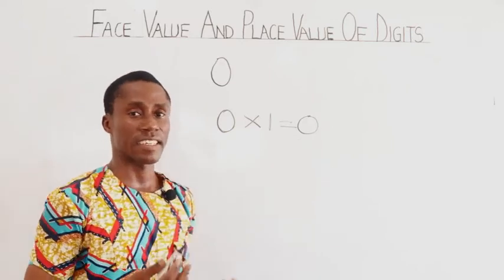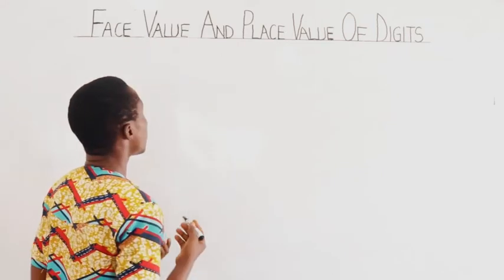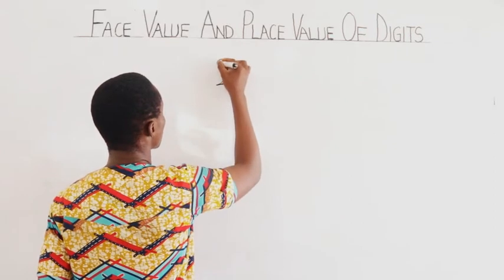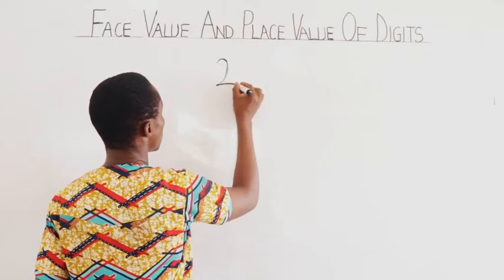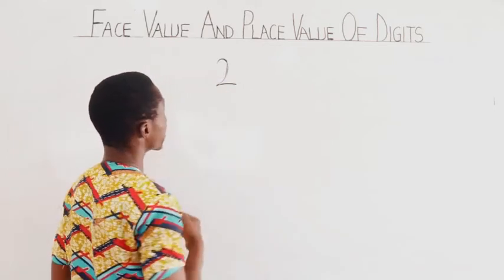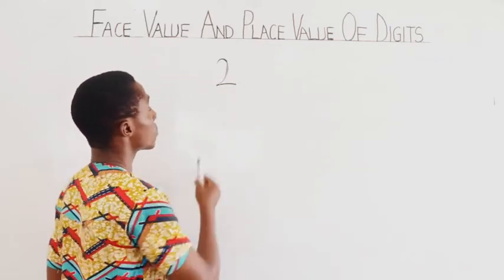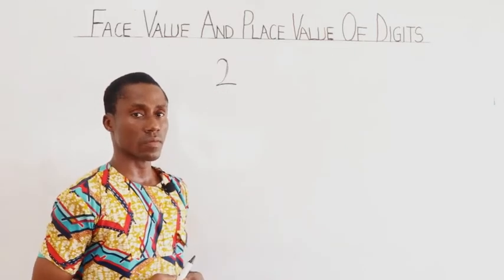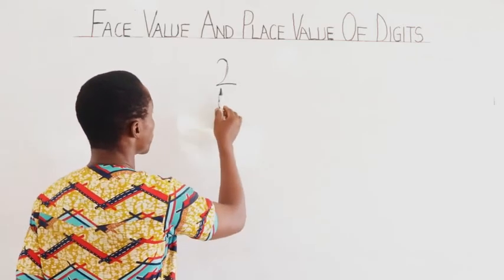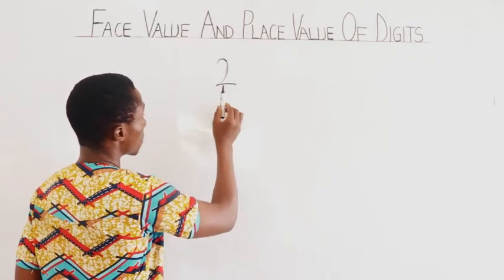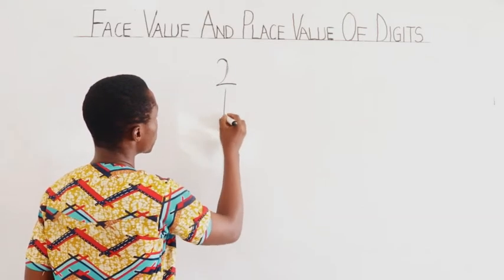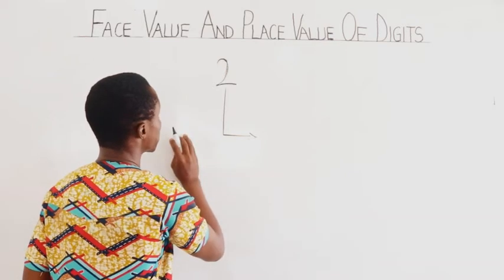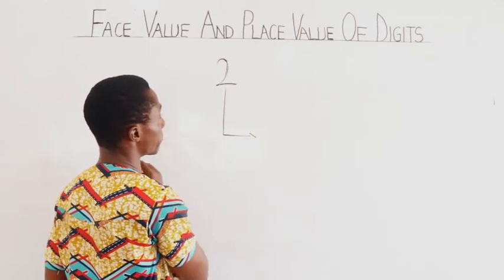Let's look at another example. Let's find the place value of the digit 2 standing alone. The place value of this digit 2 is going to be the face value multiplied by the value of its number place.